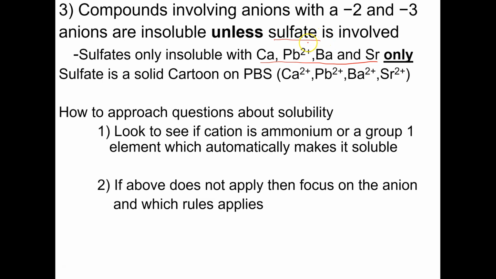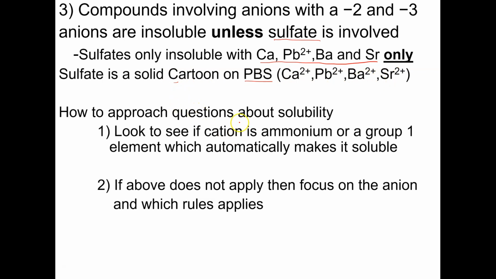Those are all insoluble. Anything else is soluble, so sodium sulfate, magnesium sulfate, you can go on and on. All those are considered soluble. Easy way to remember that: sulfate is a solid cartoon on PBS, which means a sulfate forms a solid with PBS, and of course C for cartoon, so calcium, lead, barium, and strontium.